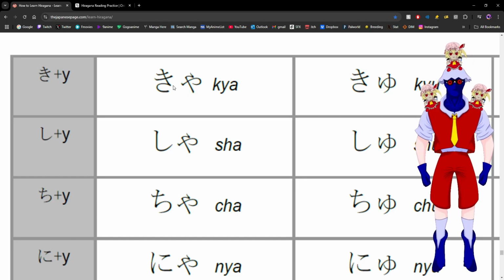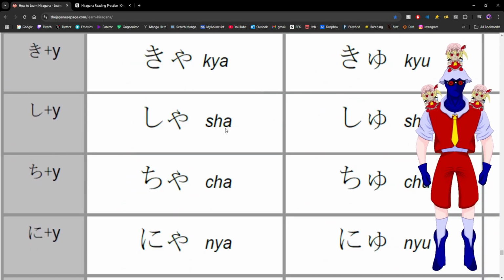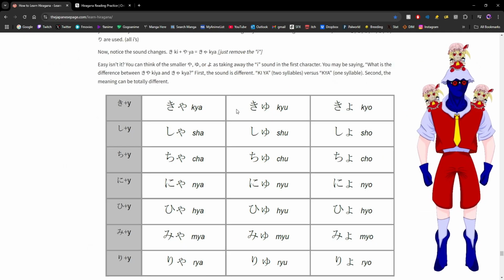But if it is a big letter, it's gonna be kiya, not kya. So yeah, just keep that in mind. This works on all of them. Even here, where you don't even use the Y. Instead of saying sha when it's small, if it is a big letter, it's gonna be shia. At least that's what I understood.